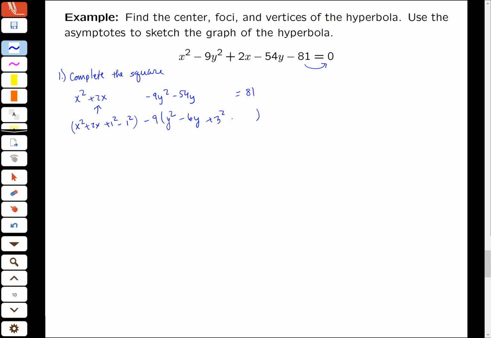So plus 3 squared minus 3 squared. Factor the first 3 terms. You have x plus 1 squared minus 1 minus 9, y minus 3 squared, and plus or minus 9 times a minus 9, and that second minus 9 comes from right there.